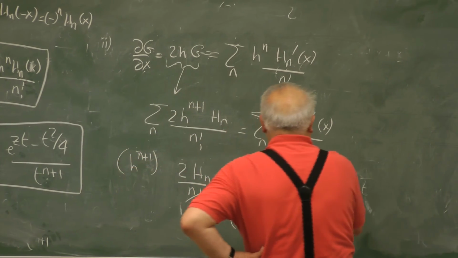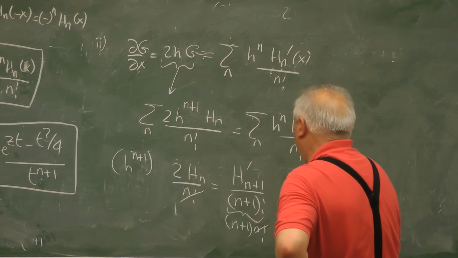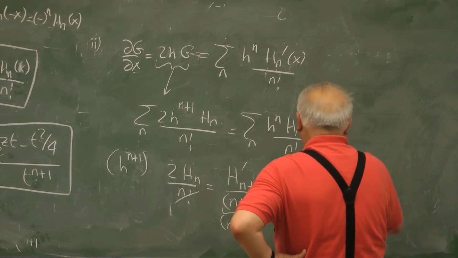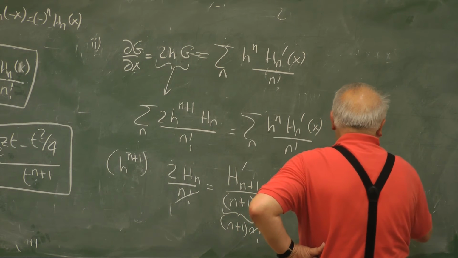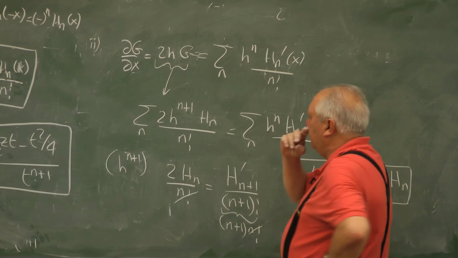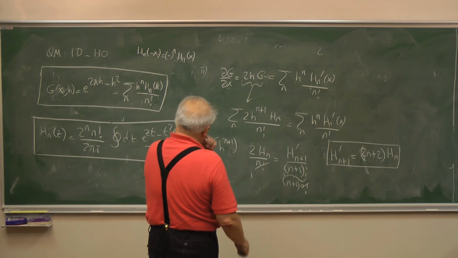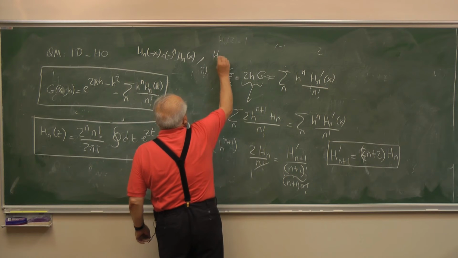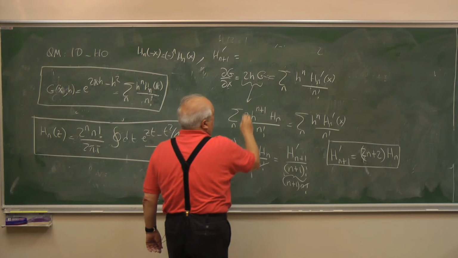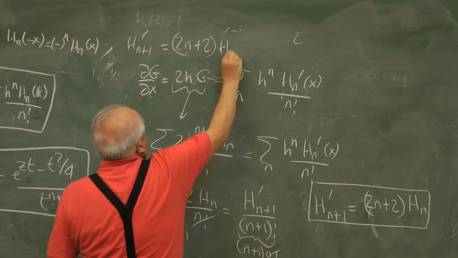So H n plus 1 prime is equal to 2 n plus 2 Hn. Let me write it here. H n plus 1 prime is equal to 2 n plus 2 Hn.